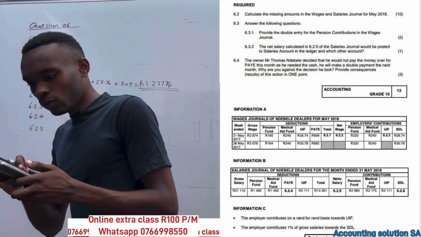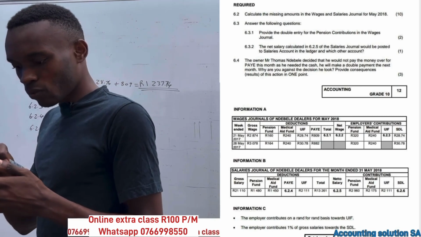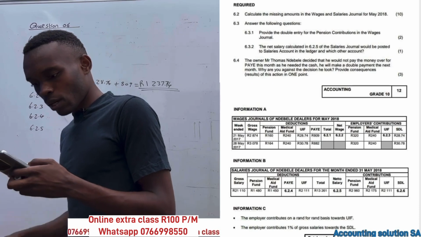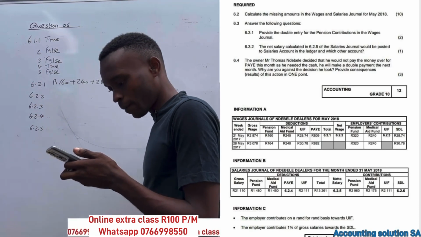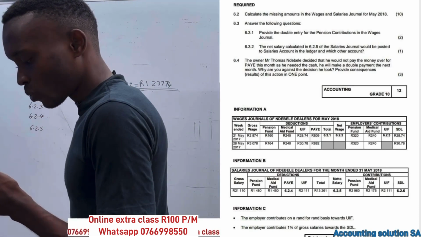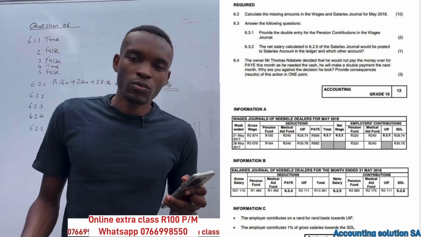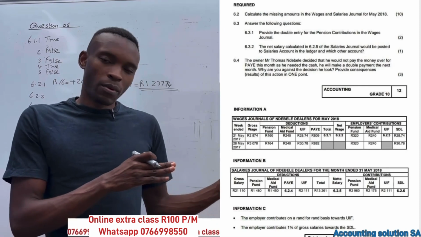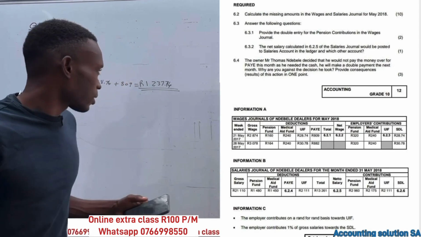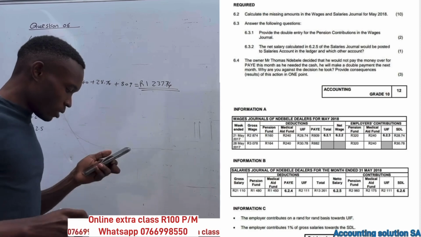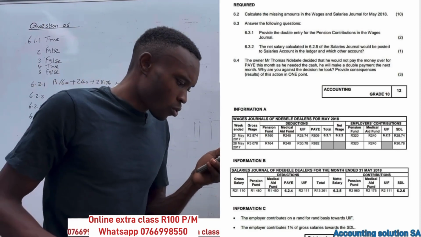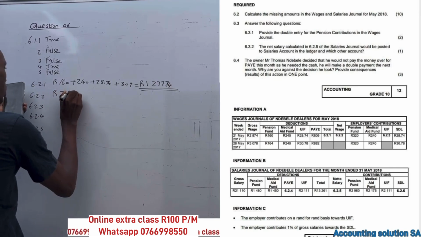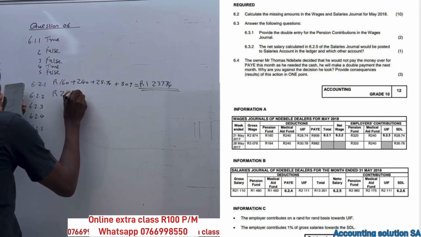Okay, now let's move to the next one. The next one, they said that we have to calculate a net wage. A net wage, when we talk about net salary or a net wage, is gross minus what? Deductions. Deductions is the one that we calculated, which means that now let's take the gross wage. Gross wage is the amount of 2,874.